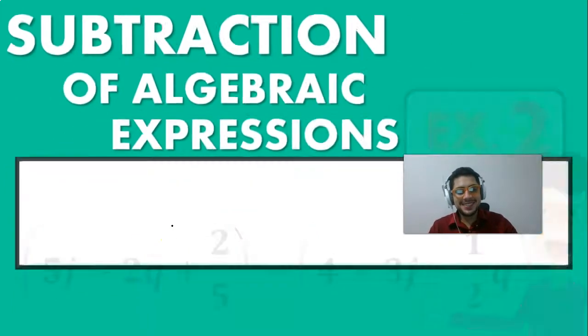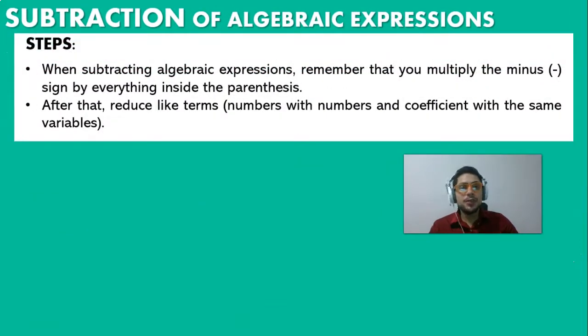Let's begin. Okay guys, so as you can remember from the last video, which I will try to be linking down below, the subtraction of algebraic expressions can be carried in two simple steps. The first one is that because you are subtracting, there's going to be a negative sign before a parenthesis usually, and then this negative is going to be multiplying each and every one of the terms inside the parentheses.